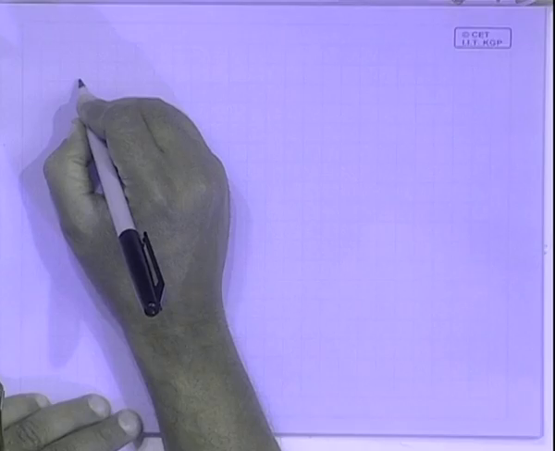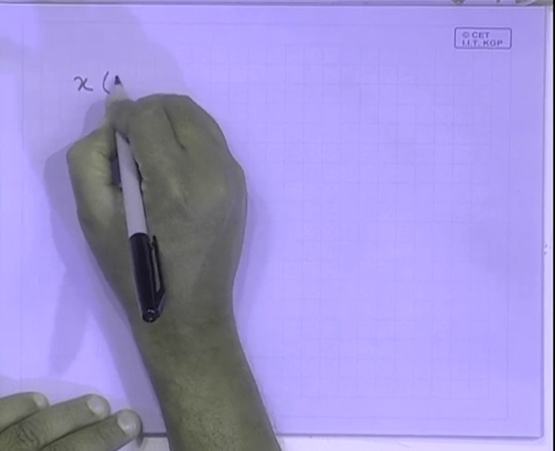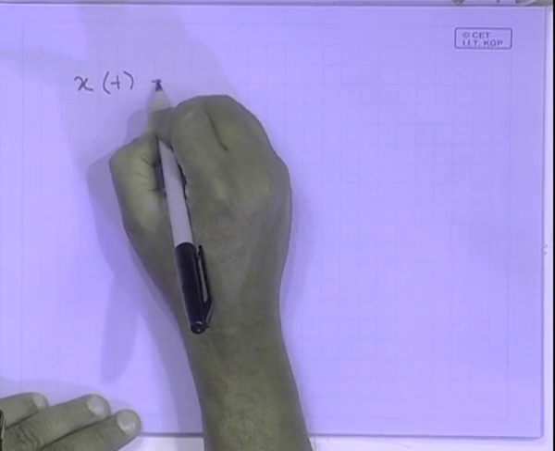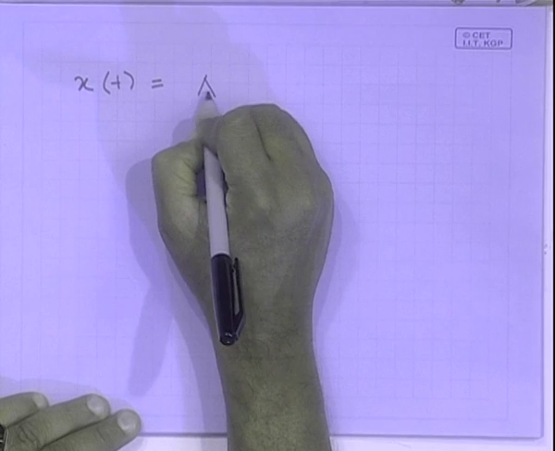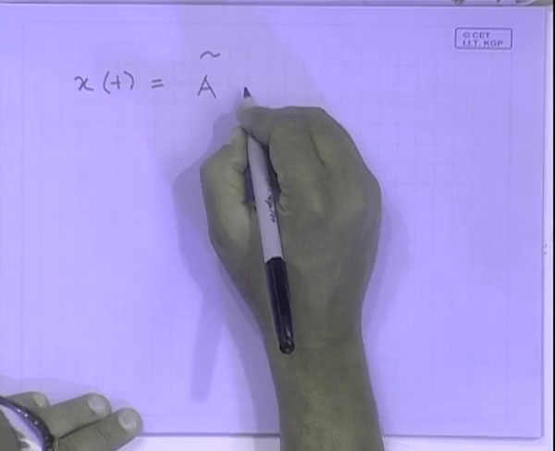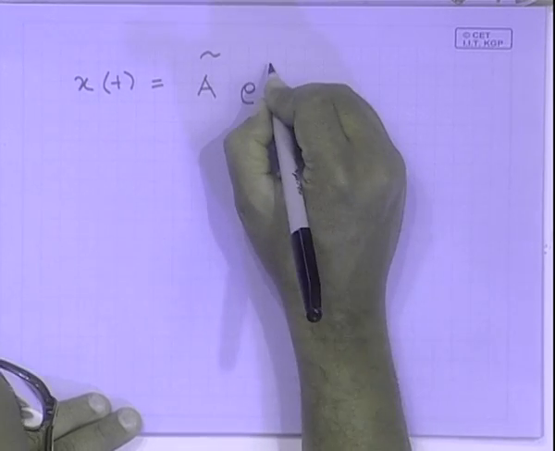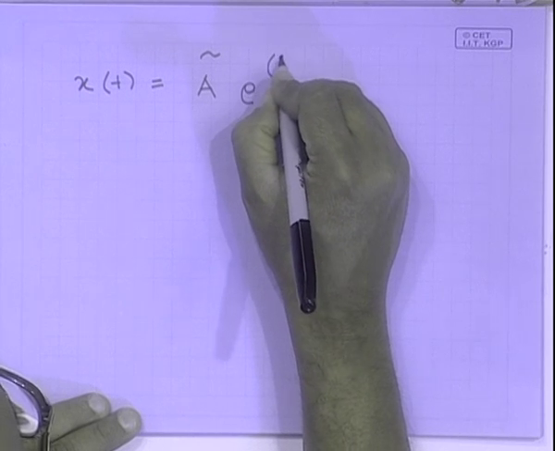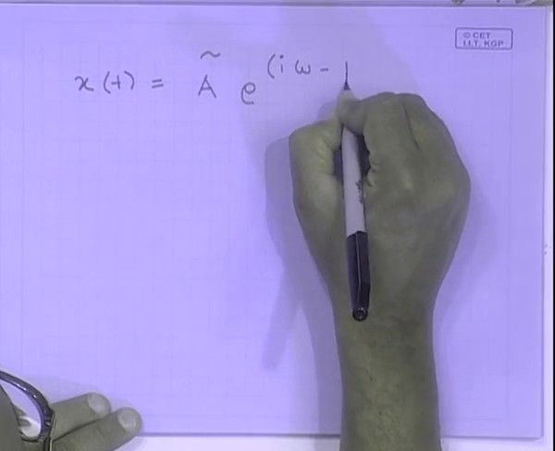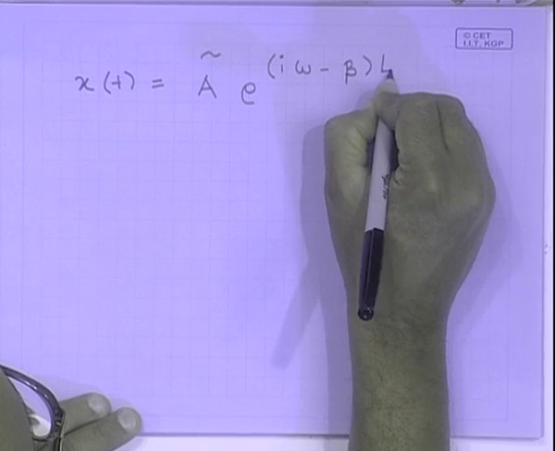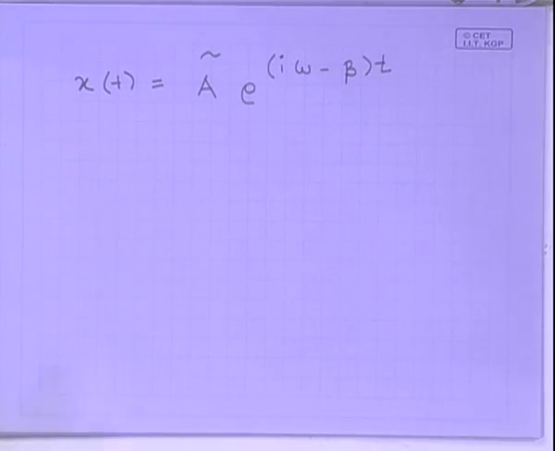The problem is as follows. You are given an underdamped oscillation x tilde of t equal to a tilde e to the power i omega minus beta t. This represents an underdamped oscillation.